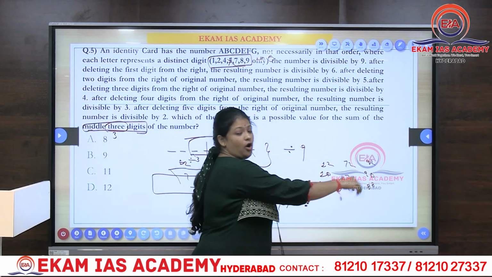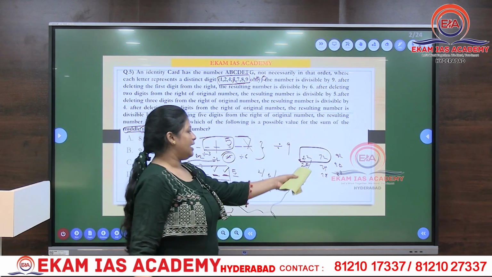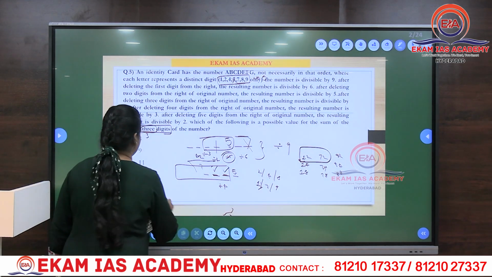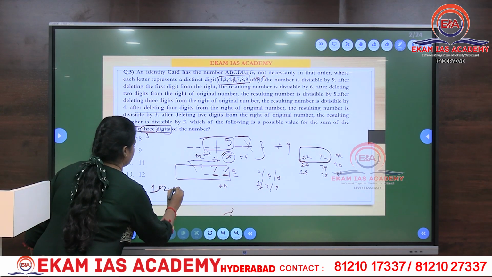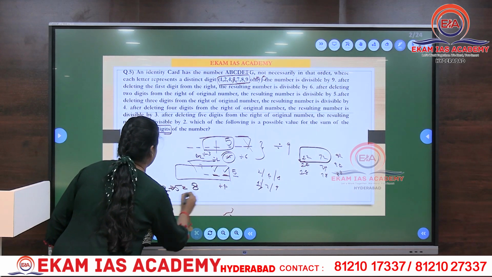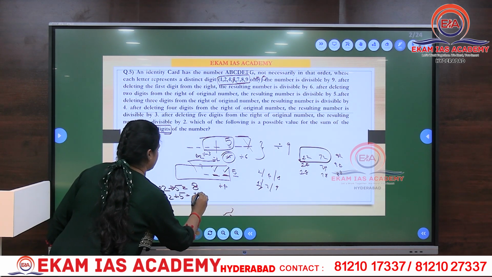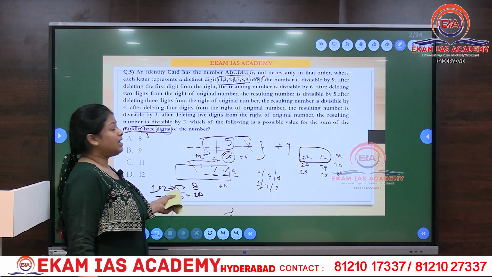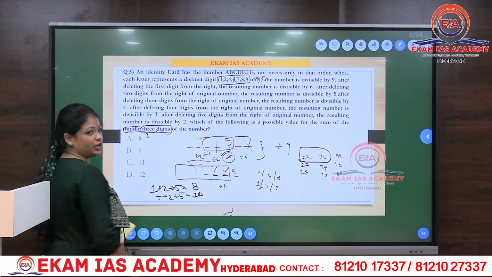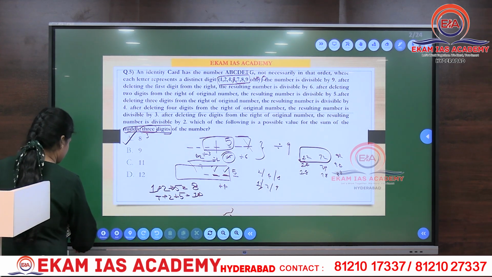Of these all possible numbers, only 12 and 72 are divisible by 4. Hence, the possible sum of the middle 3 digits of the number is 8 or 14. We have 8 here. Option A is the right answer.